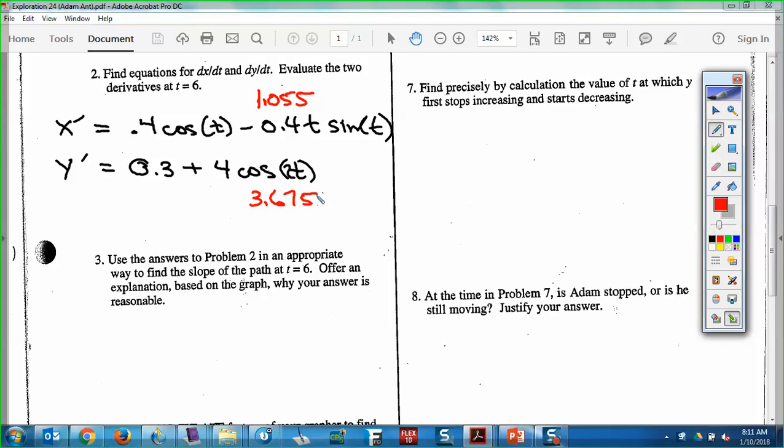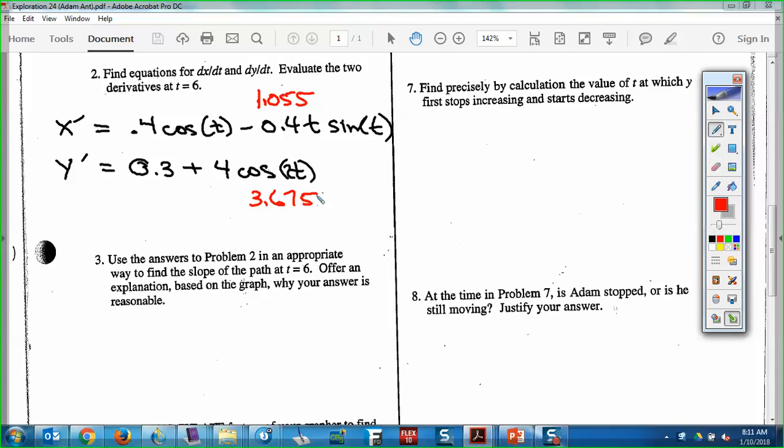Maybe there should have been some questions yesterday. But what does it mean? Adam Ant is doing what? 1.055 is his horizontal velocity, right? I know that's what it said in the notes.